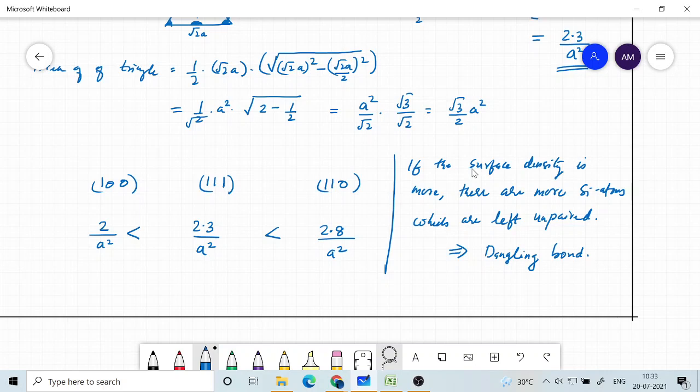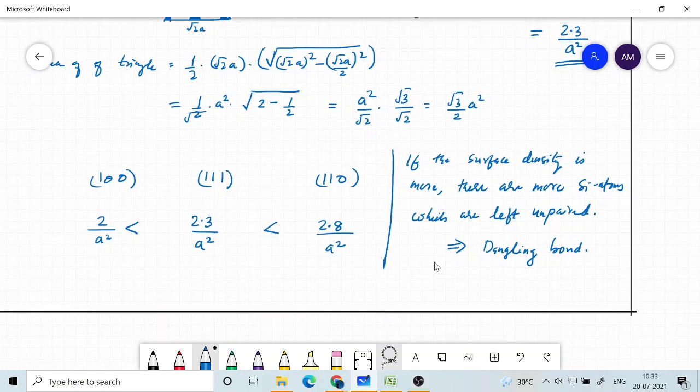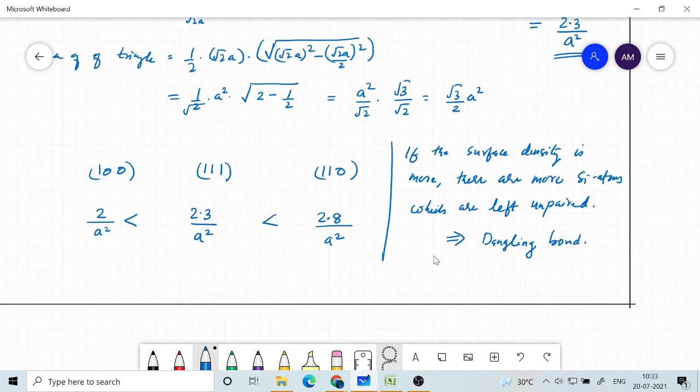Dangling bond means this surface is very reactive, because silicon atoms are not able to complete their requirement by bonding, so they are very active, and so if oxygen or hydrogen goes around, they will basically trap these molecules or atoms to the surface, and that is not very desirable when you make devices.